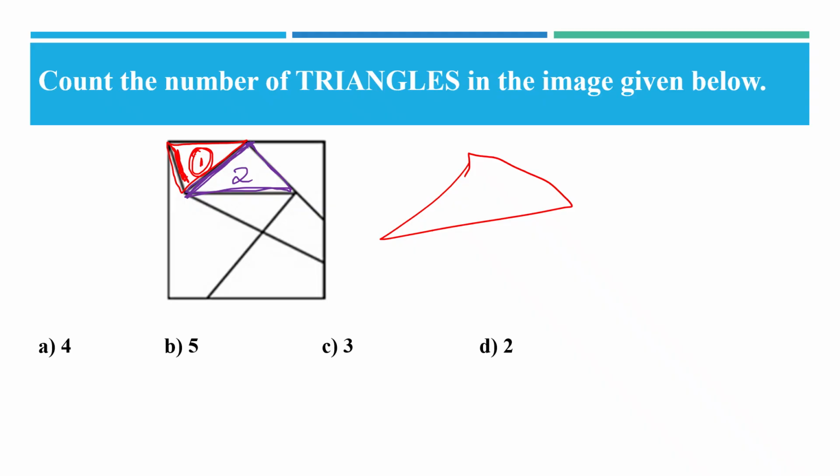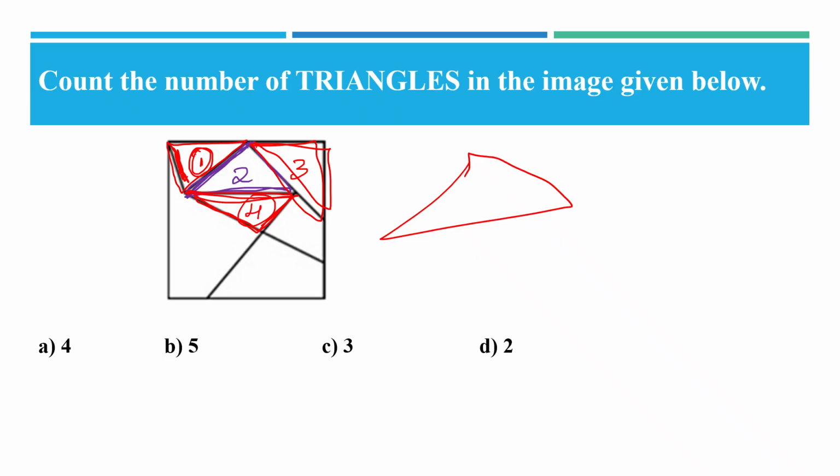Great. I believe that you have the third triangle too. It's here, 1, 2, 3-sided figure. And where's the other one? Okay, it's over here. 1, 2, 3. So a three-sided figure. I have found 4 triangles.